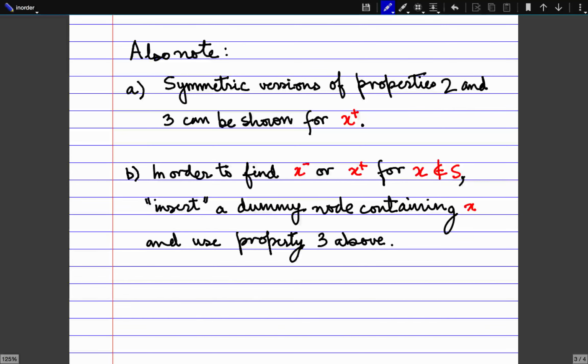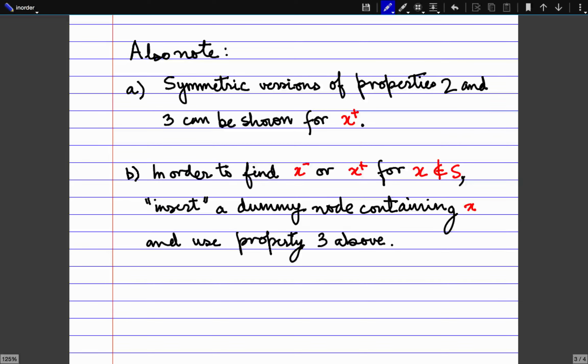If the right subtree does not exist, then we look at the path down from the root to x, and instead of looking at the last point where a right turn was taken, we now look at the last point where the left turn was taken. That last point at which the left turn was taken, through a symmetric version of claim 2, shows that if Rx is empty, then the point at which the last left turn is taken is in fact x plus itself.